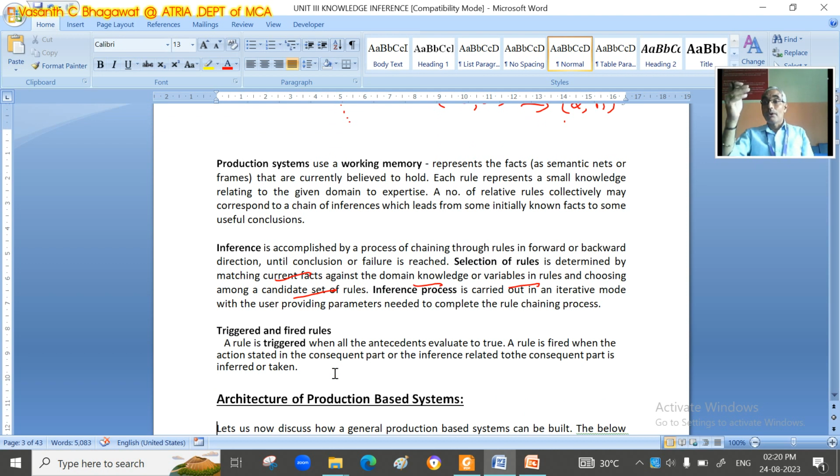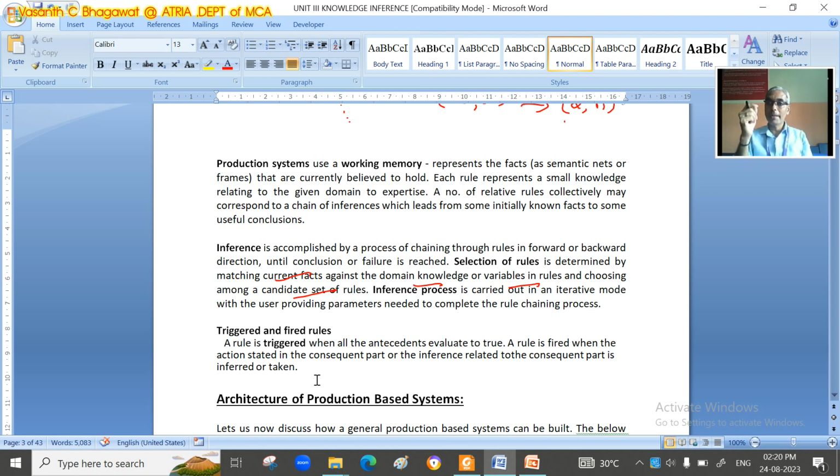When you apply these rules in a systematic manner, your inference process starts. Another important thing here is triggering. That means you have to trigger that rule. You know that if I apply this rule, it meets the left hand side, so now I can apply it, but how do you apply it? The rule applier, we have already discussed.